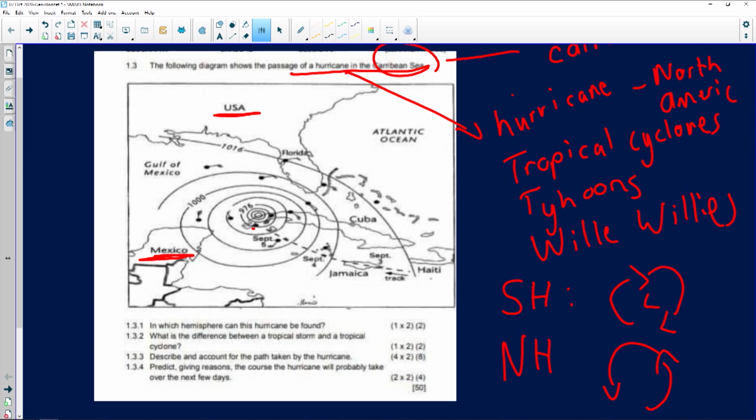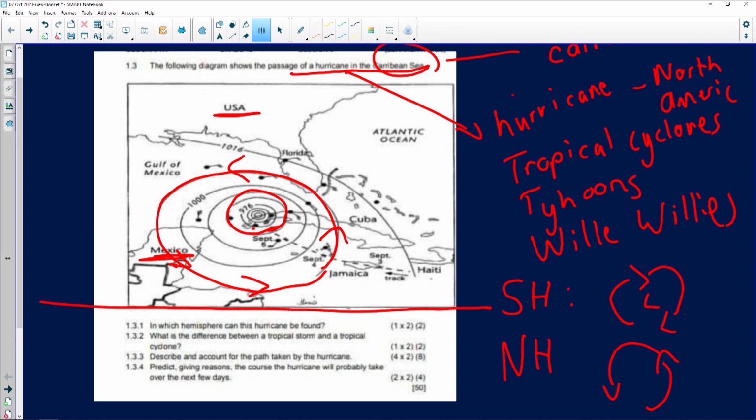But pay attention to the perfectly round shaped isobars. Because we're in the northern hemisphere, the circulation of air is going to be anti-clockwise. Vitally important.